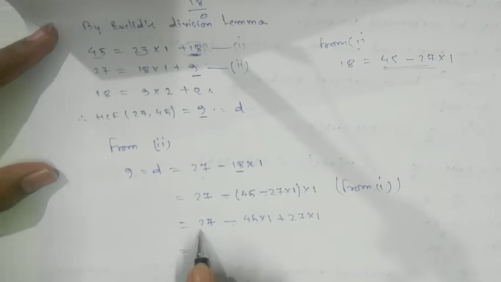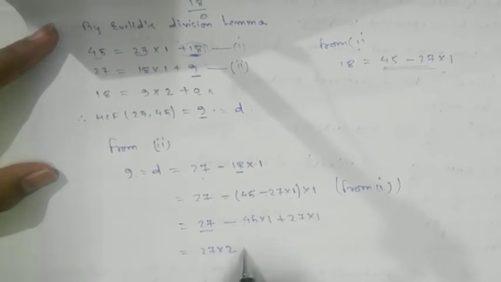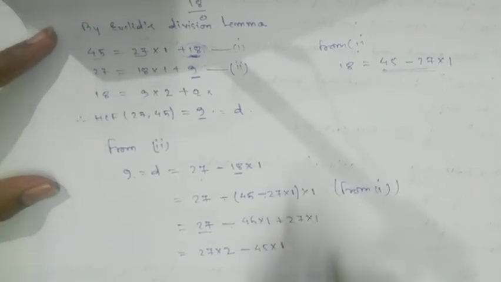So here how many 27 are you getting? 2 of 27. Have you seen? So you can write 27 into 2, and this one can be written as 45 into 1, but our target is plus.